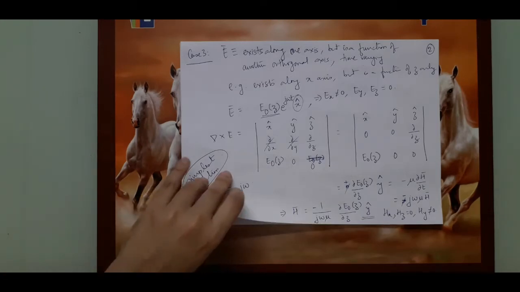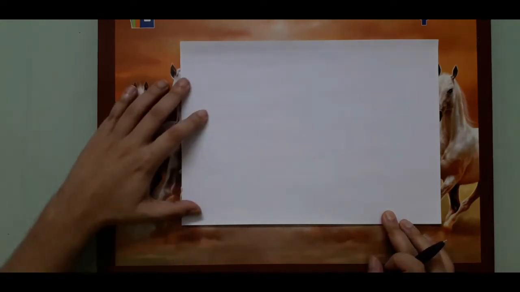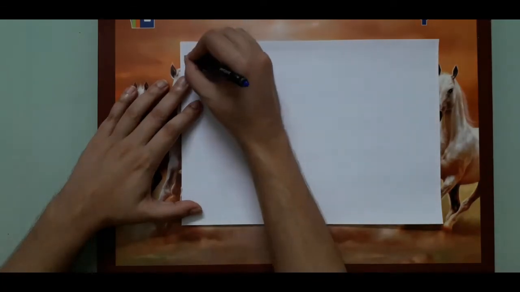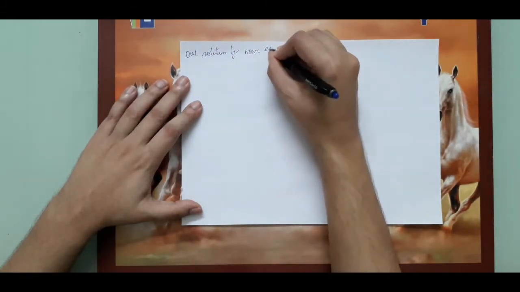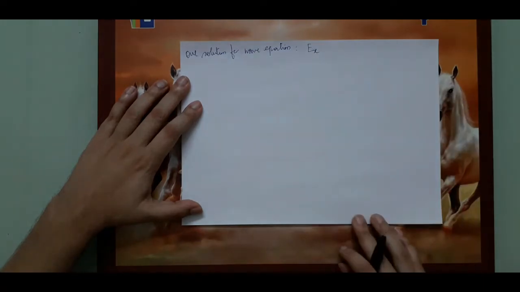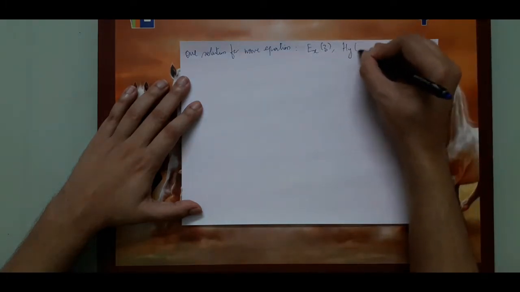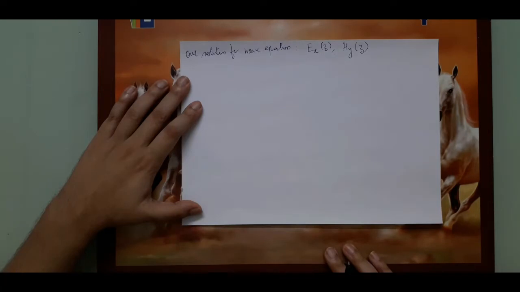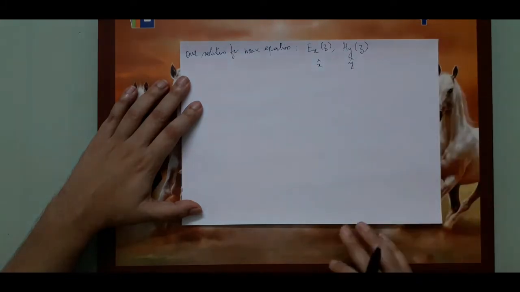Now we have found out one solution for the wave equation where we are seeing that we have this electric field x which is a function of z, we got magnetic field y which is a function of z, and this exists along x direction, this exists along y direction.